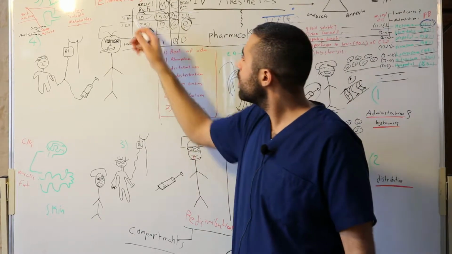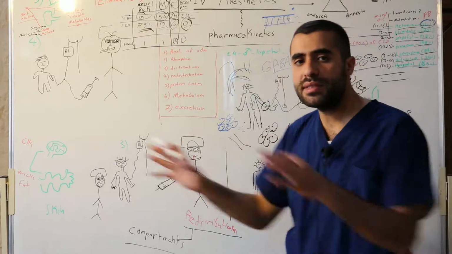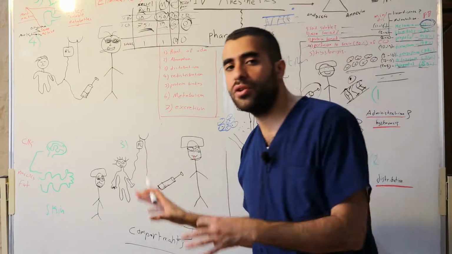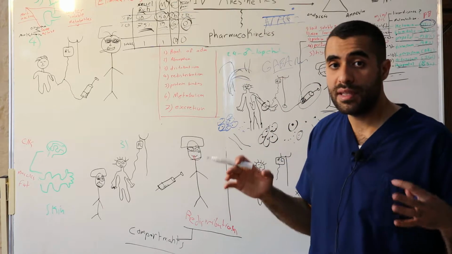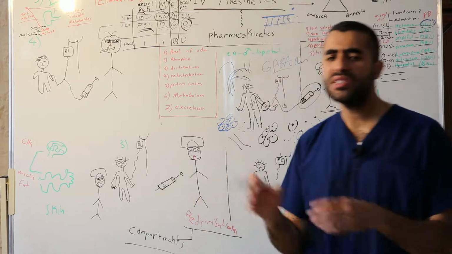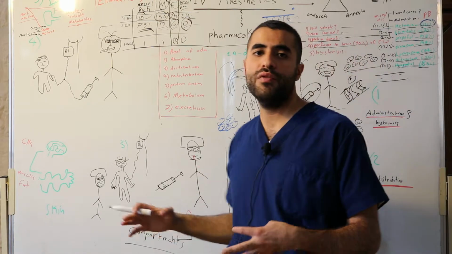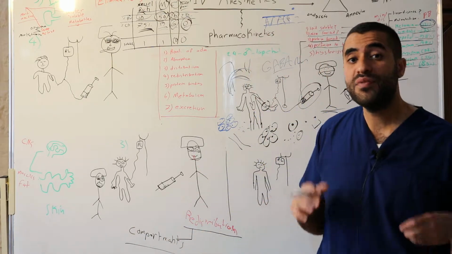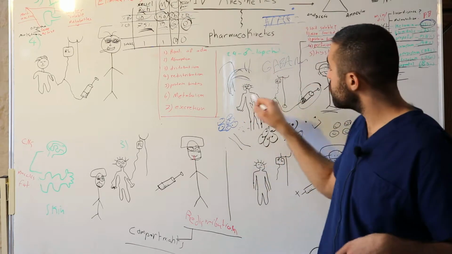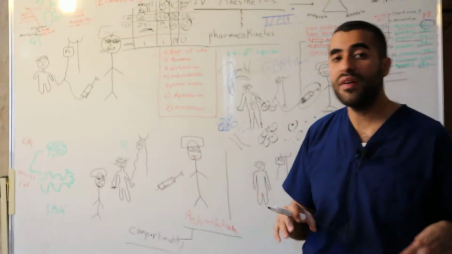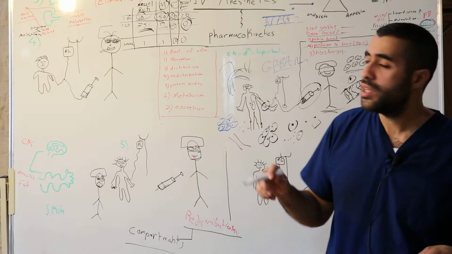So the blood supply to the organ, the perfusion to the organ, determines the rapidity of the action. The faster the cardiac output, the faster the heart rate, the more the stroke volume is, the faster the drug will go from the heart to the central nervous system, and the faster the action of the drug.